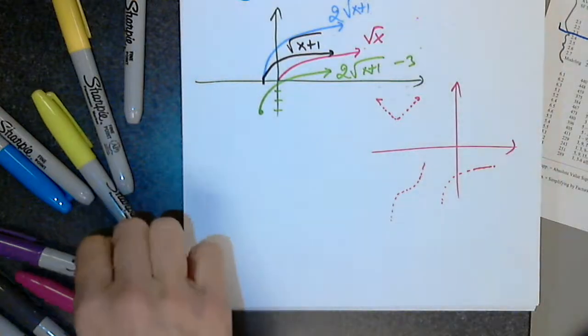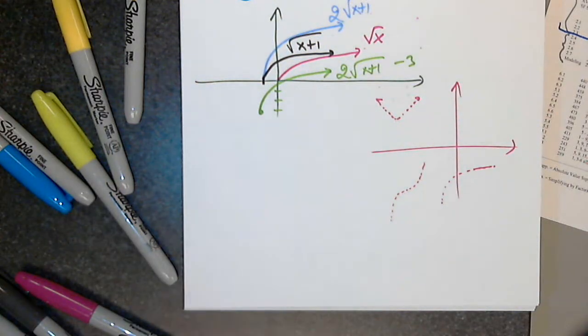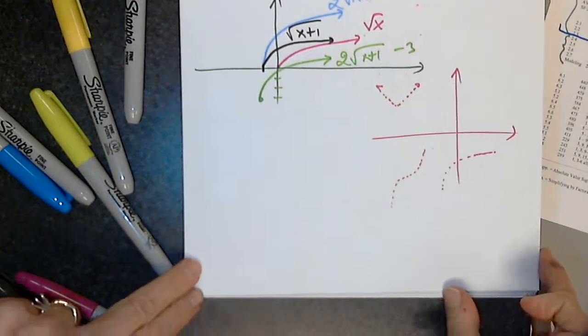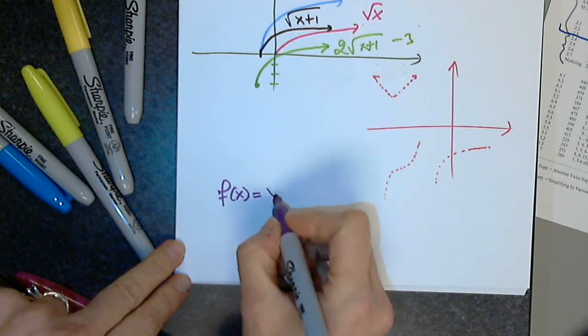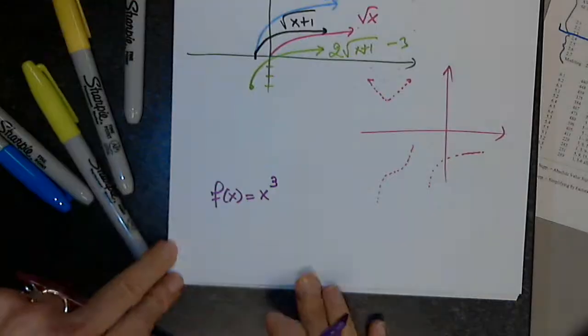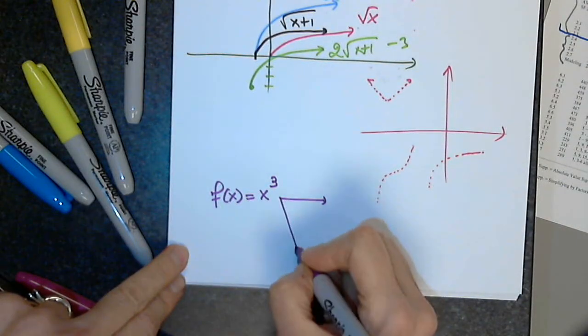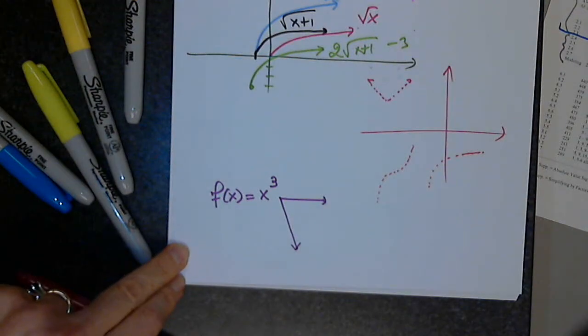Good. Last one. Before I present the horizontal stretching and shrinking of the graph, let's take a look at this. Let's say I have f of x, which is x cubed, and I would like to determine two functions using x cubed.